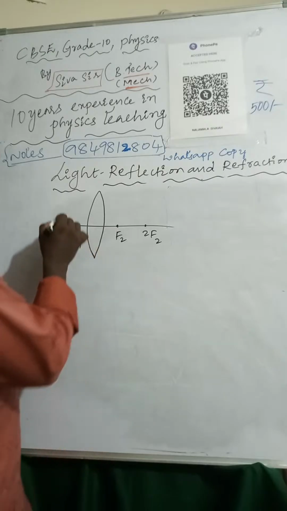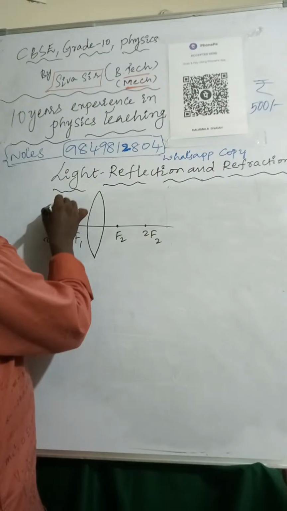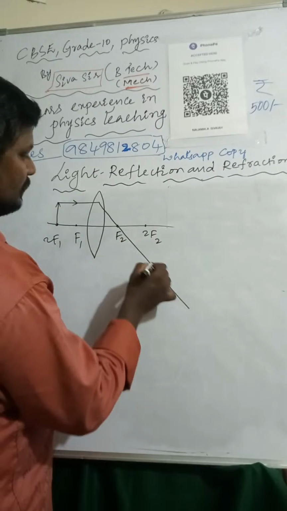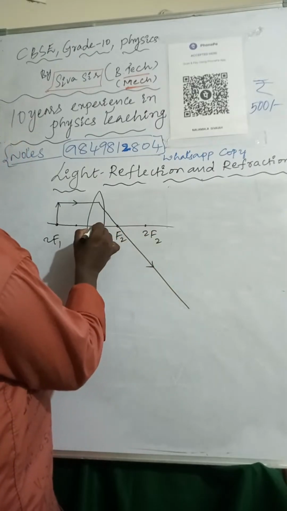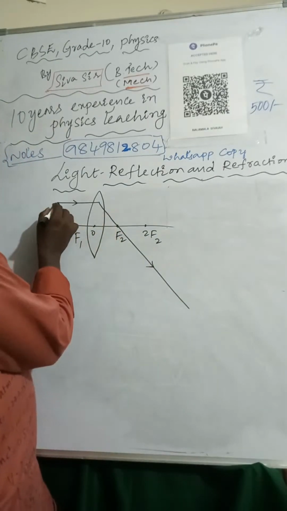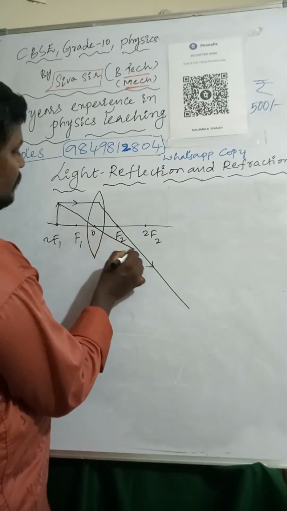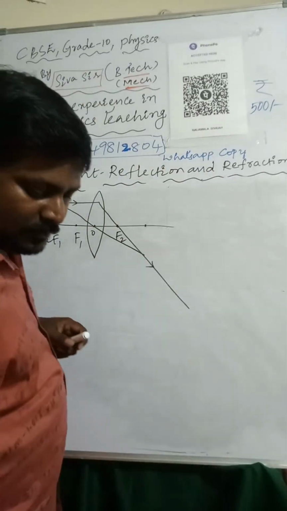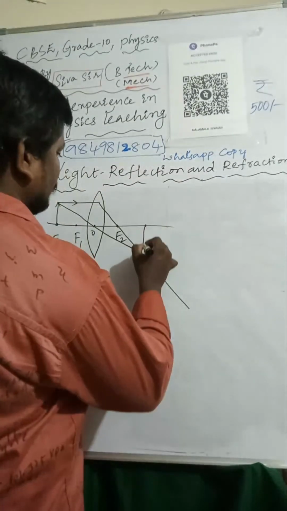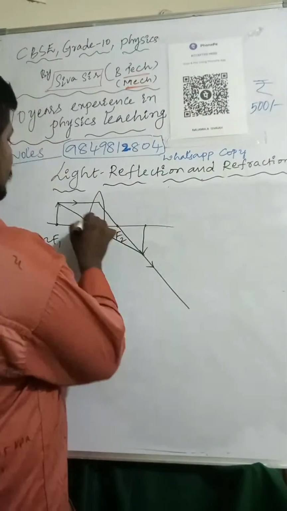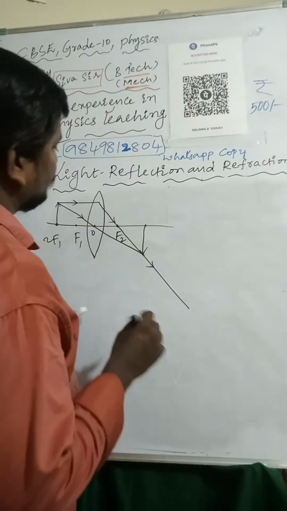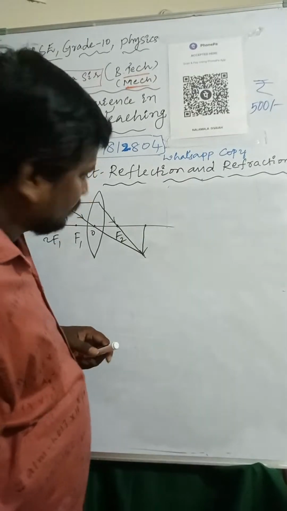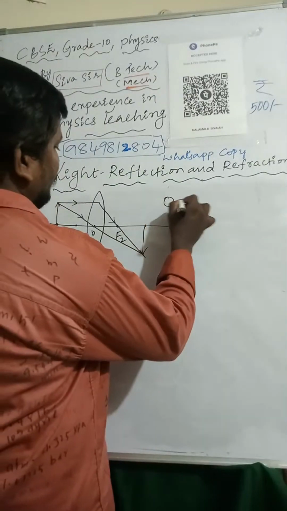The object is placed at 2F1 here. One light ray I am taking like this, it passes through the focus. Another light ray, so the optic center is here. The object is placed at 2F1, here 2F2.